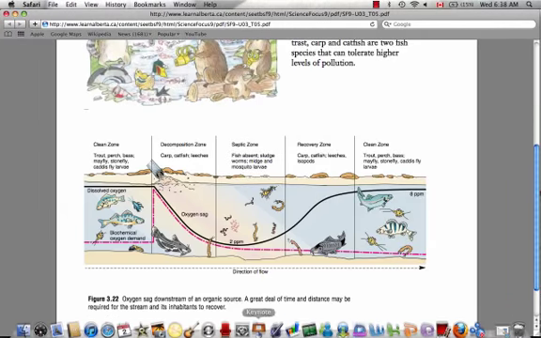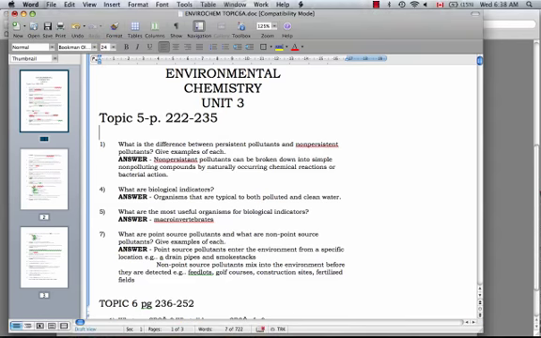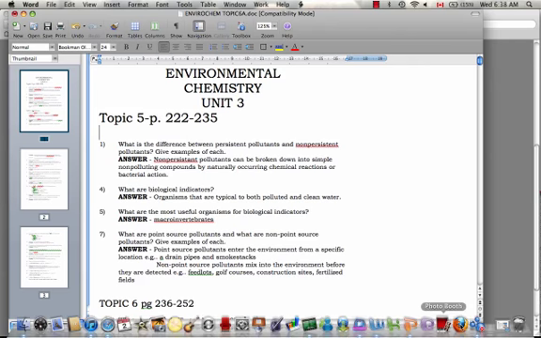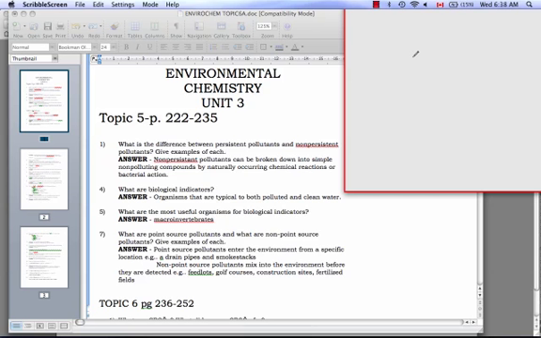Next question then, let's talk about what biological indicators are. These are organisms that are typical to both polluted and clean water, and we use biological indicators to help us tell whether water is clean or not.